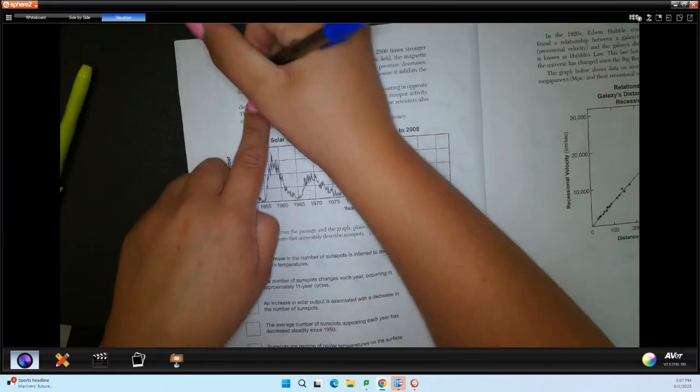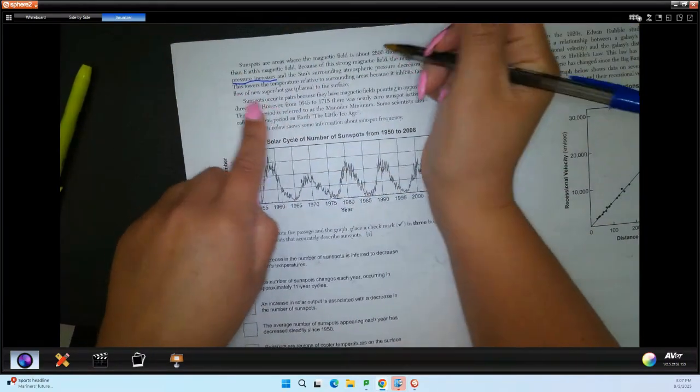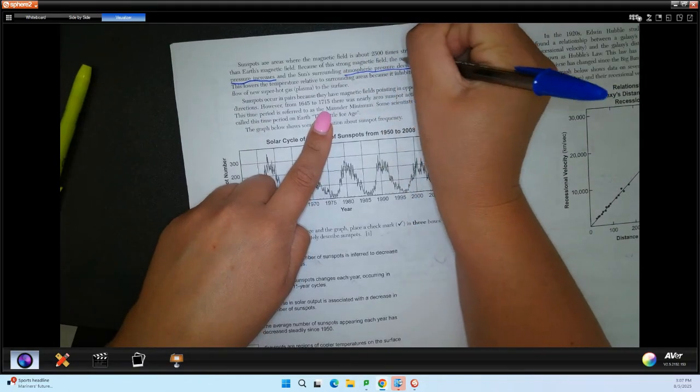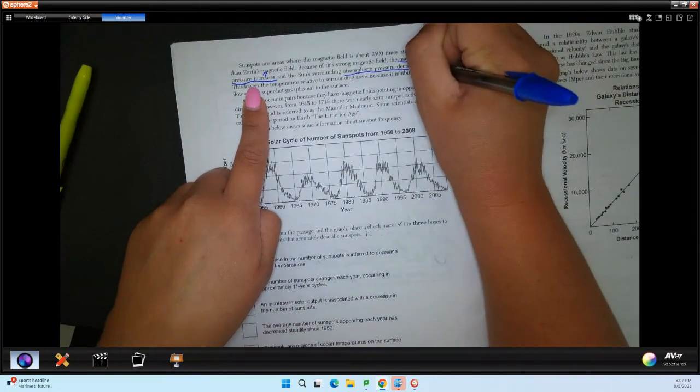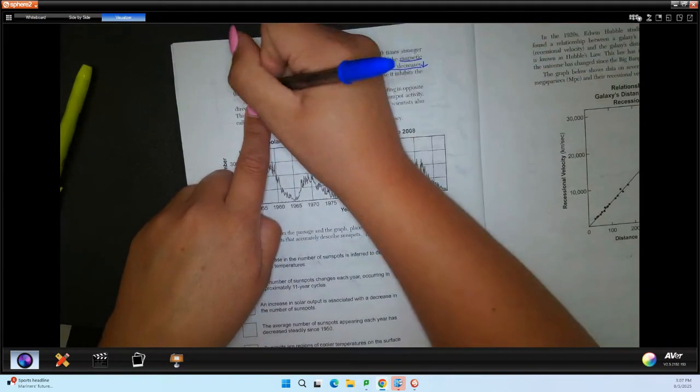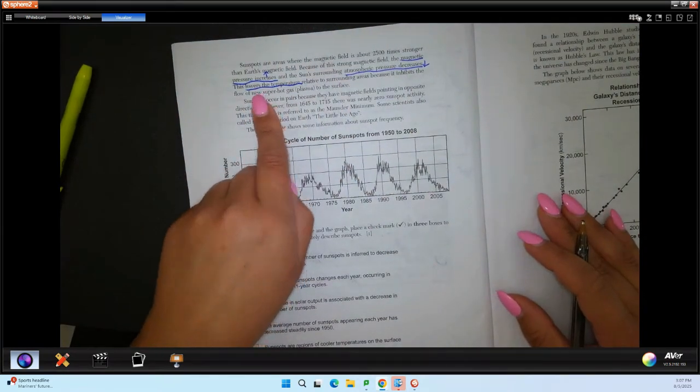Okay, so we're starting by talking about kind of what a sunspot is. It says that the pressure increases, the atmospheric pressure decreases. So we have an increase in magnetic pressure, a decrease in atmospheric pressure, and a lower temperature. Okay, so those are the important pieces of information in this first paragraph.